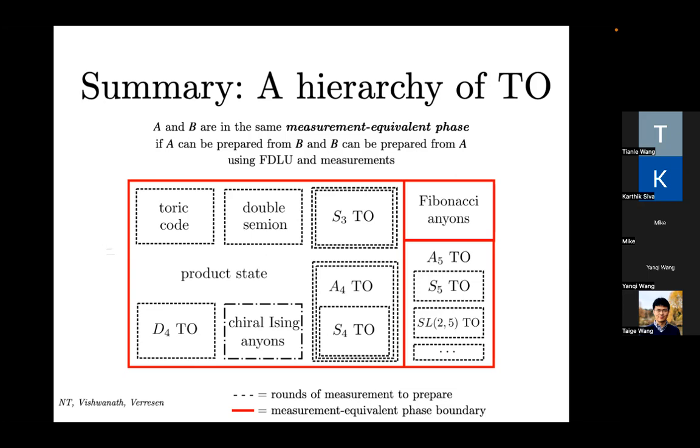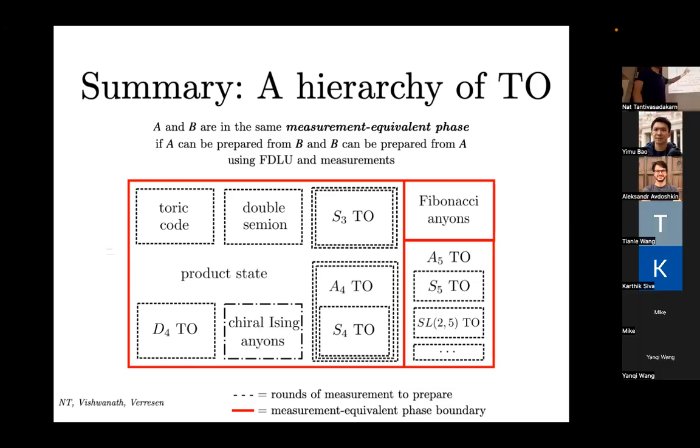So what does it collapse? For example, I can show that for every finite group, you can collapse it down to a simple centerless group. So it's a group that has only non-abelian anyons, so all the charges and fluxes are non-abelian. For example, A5 is one example of that.